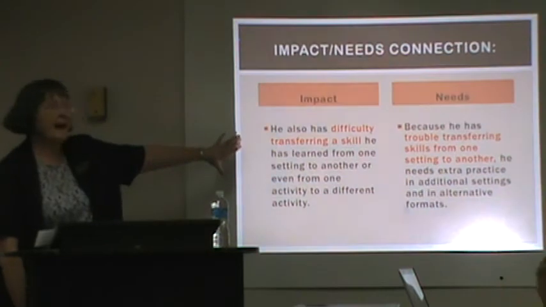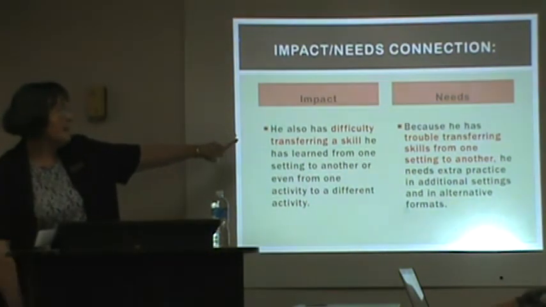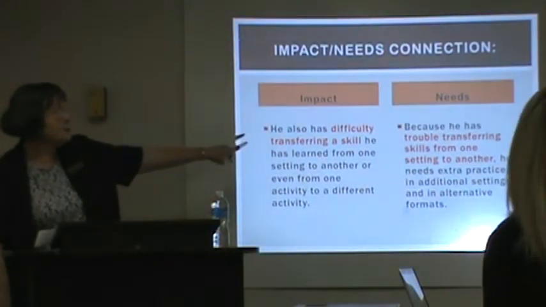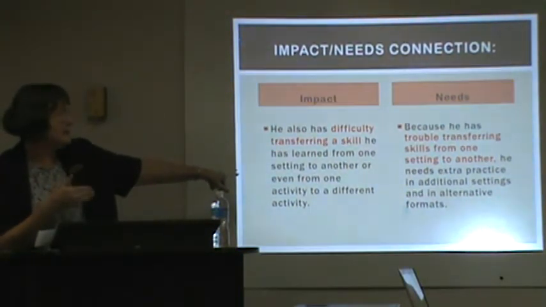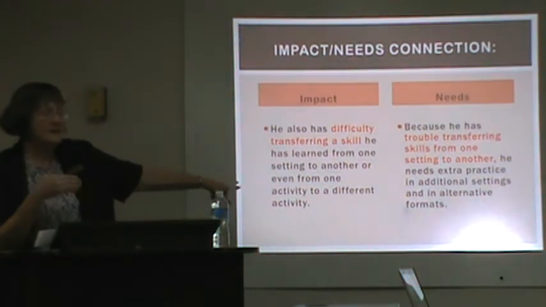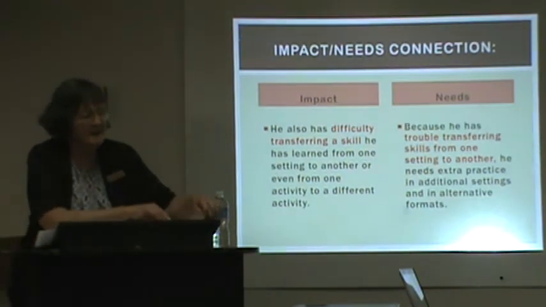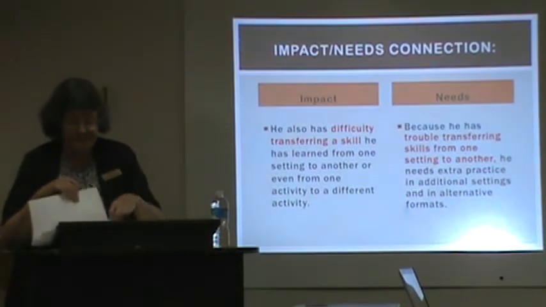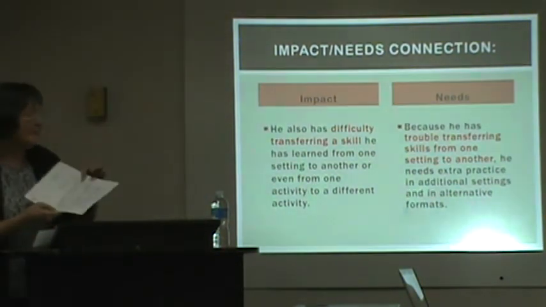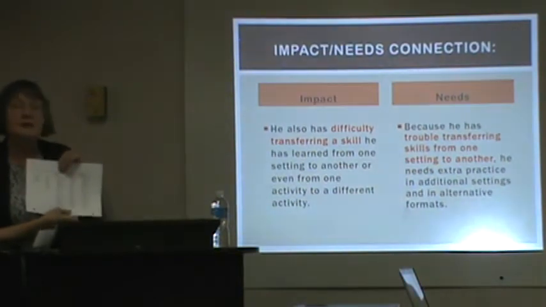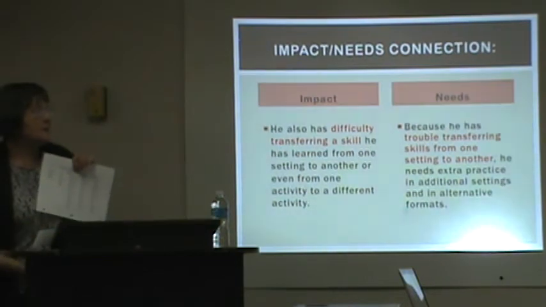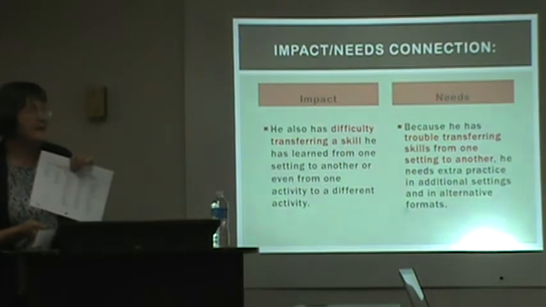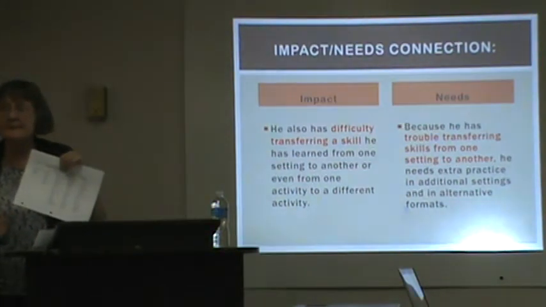So, on my impact, here's an example. I said he has difficulty transferring a skill he has learned from one setting to another, or even from one activity to a different activity, and this is on the intellectual disability one. So, under needs, I've got, because he has trouble transferring skills, he needs extra practice in additional settings and in alternative formats.